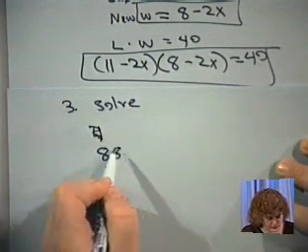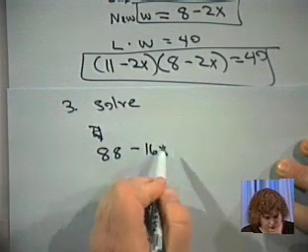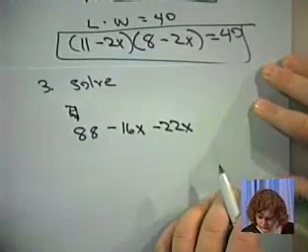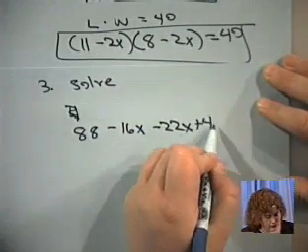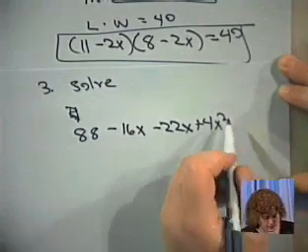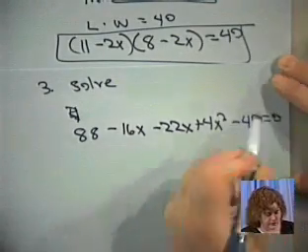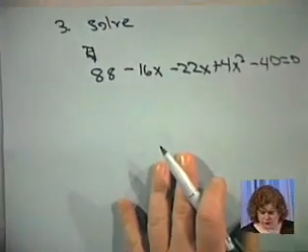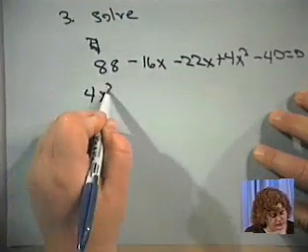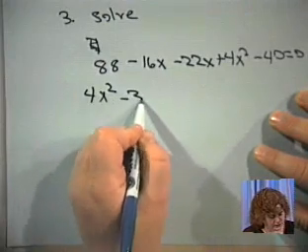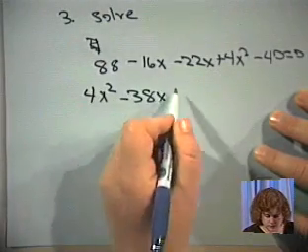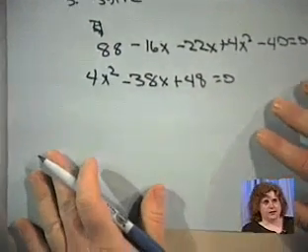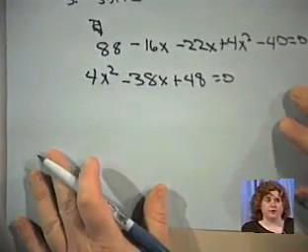We're going to have 88 minus 16x minus 22x plus 4x squared minus 40 equals 0. We can simplify that somewhat, and we'll end up with 4x squared minus 38x plus 48 equals 0.